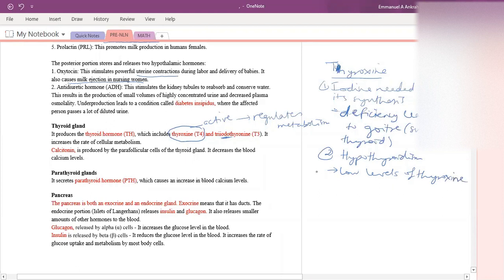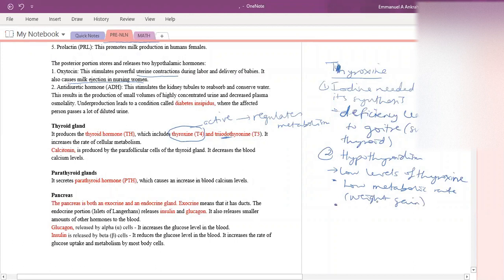So they have low metabolic rate. You can always work this backwards based on the function of the thyroxine. So the person is not eating much, but the person is putting on weight. They gain weight, even though they are not eating a lot.